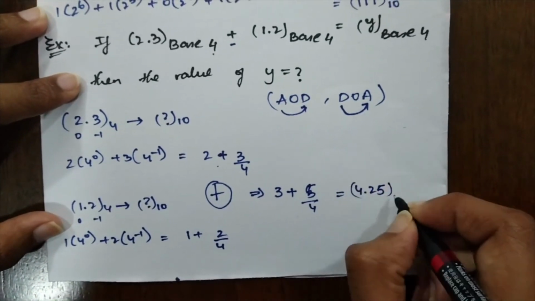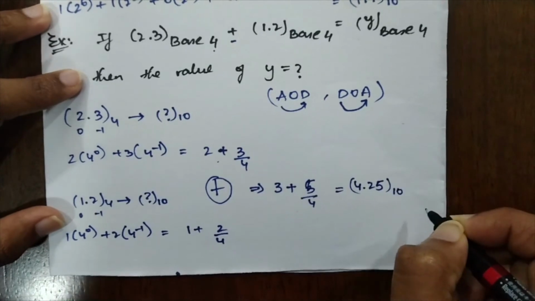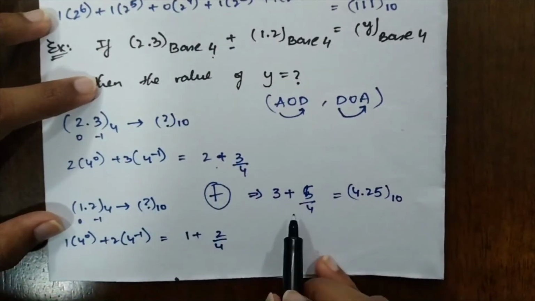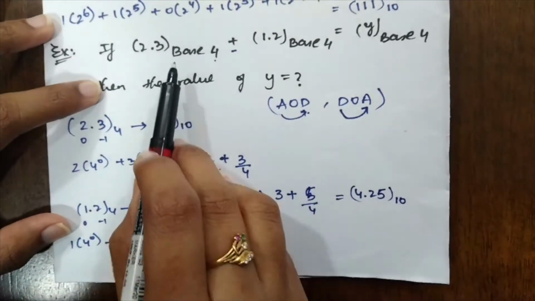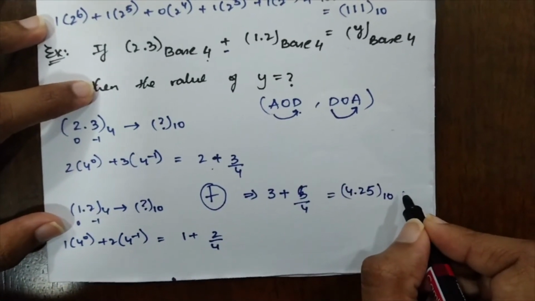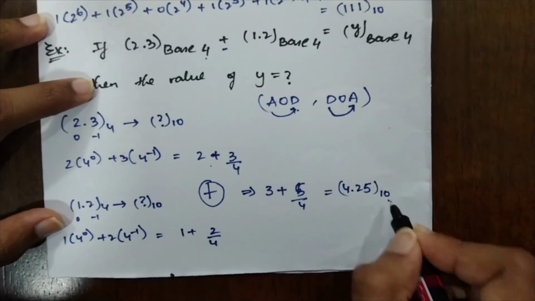Now this 4.25 is your decimal form. We have done the additions using the conversion from A to D, like any other to decimal. So now we have a value of 4.25 in its decimal form.